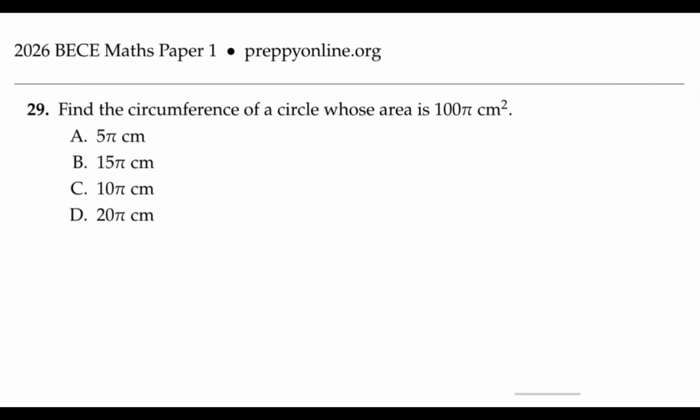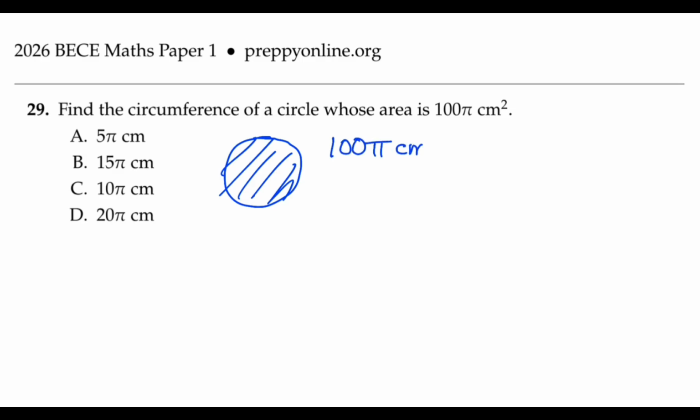Question 29. Find the circumference of a circle whose area is 100 pi centimeters squared. So we have a circle, and we know the area of the circle. So the area that is covered by the circle is 100 pi centimeters squared.